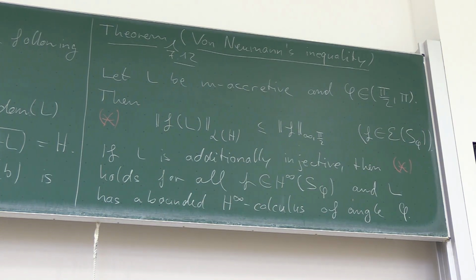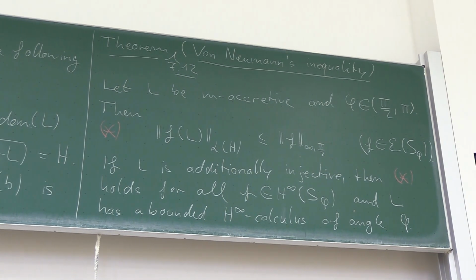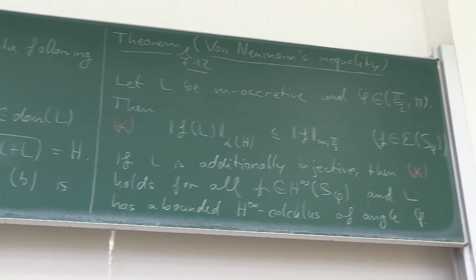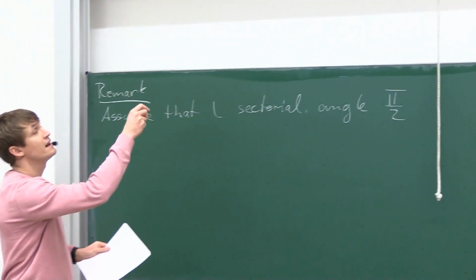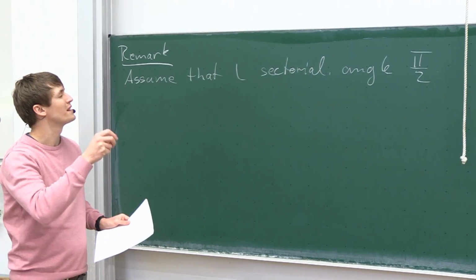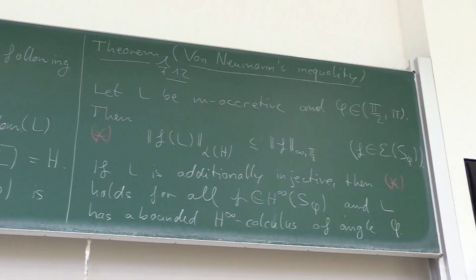And then we can, in particular, insert L into the function 1 over lambda plus z. And you can calculate the supremum norm on the right half plane of this function, and this is exactly 1 over the real part of lambda. So you see that if we would assume that this inequality, which is denoted by the red star, is valid for this operator, then we can plug the operator into the function 1 over lambda plus z, and then we see that in particular L has to be m-accretive.